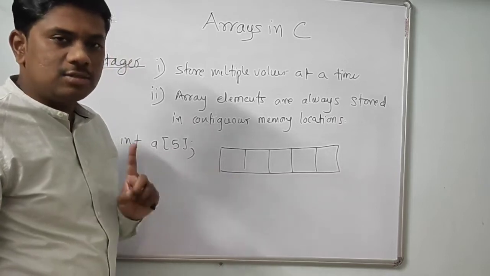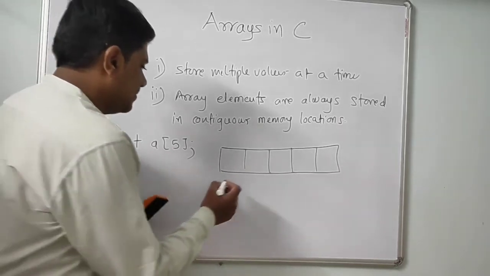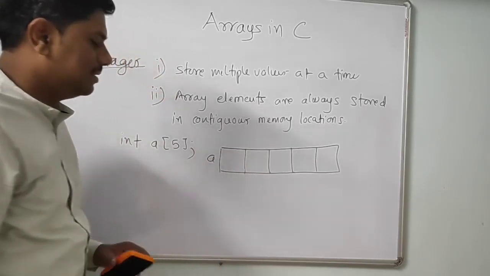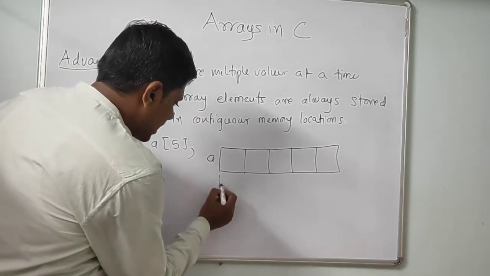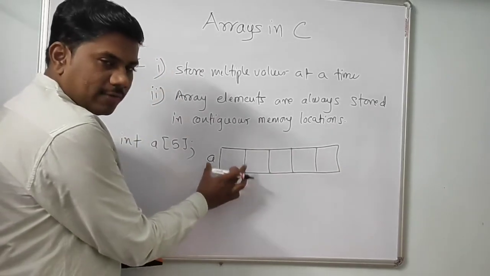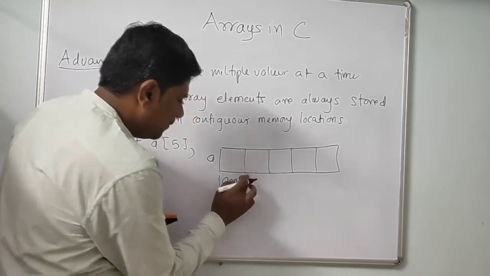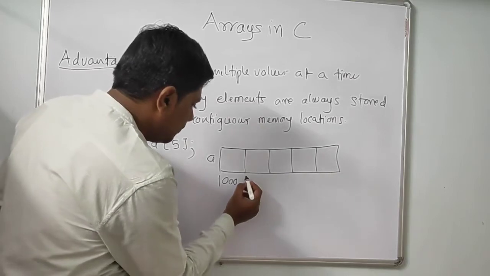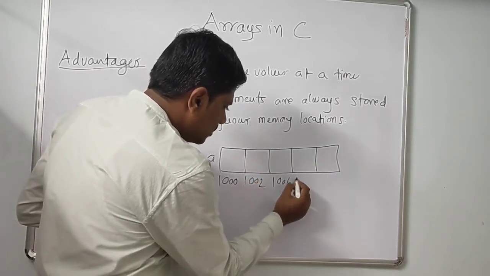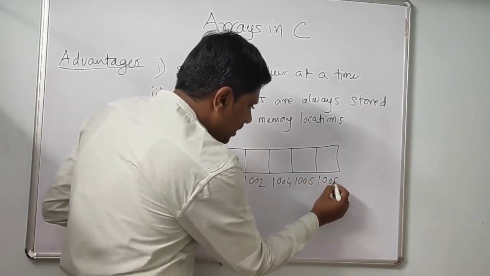Each block carries 2 bytes. The name of the array is A. Consider the address of A is 1000. These are 2 bytes, so there are 2 addresses, 1000 and 1001. So the next address is 1002, then 1004, 1006 and 1008.